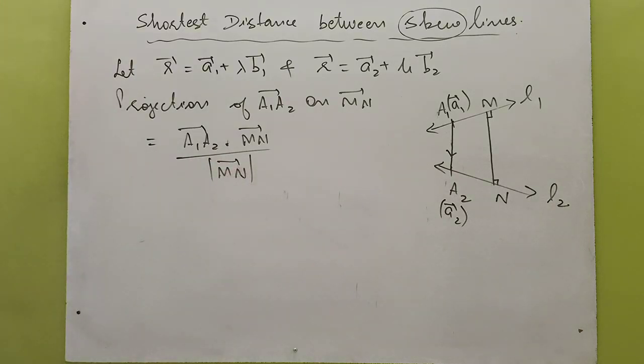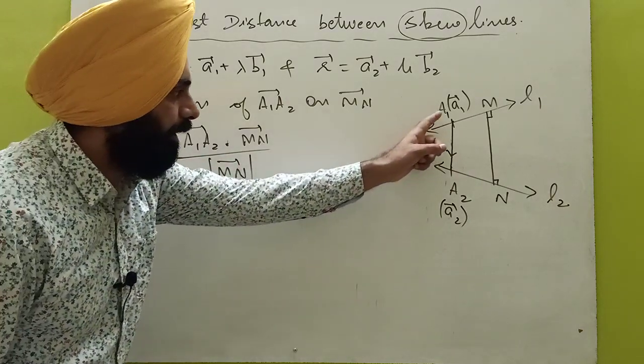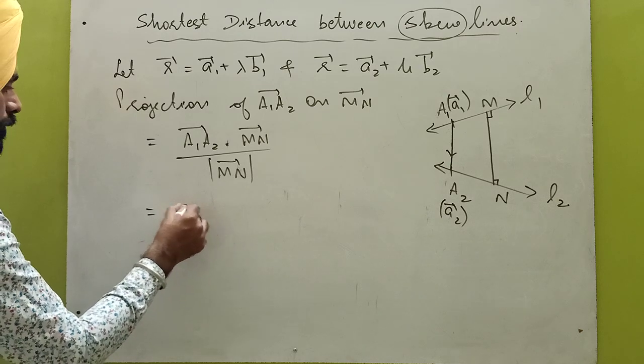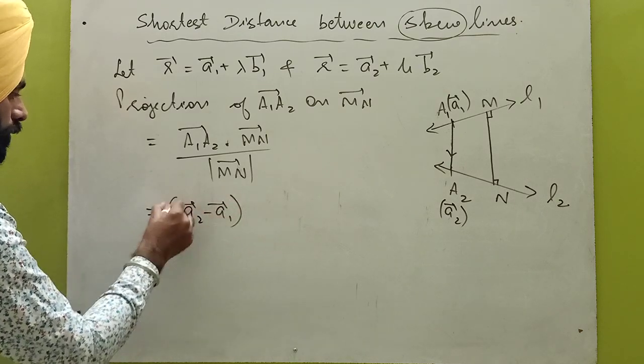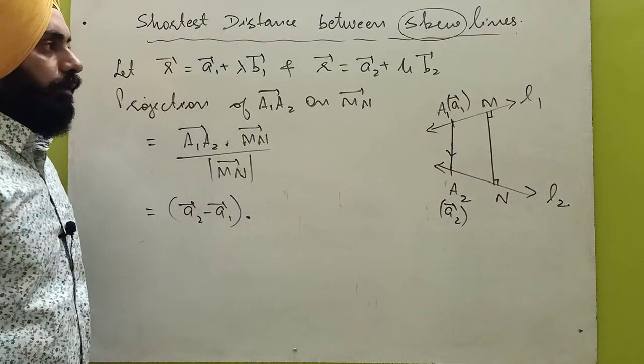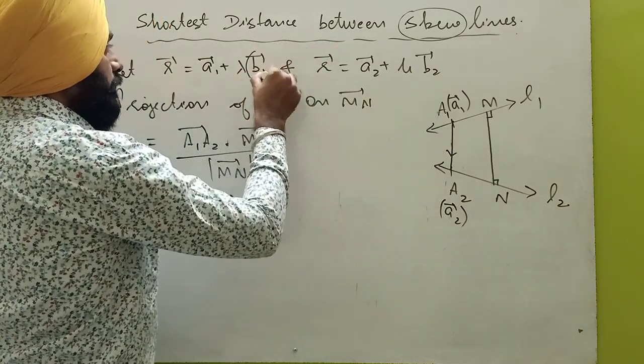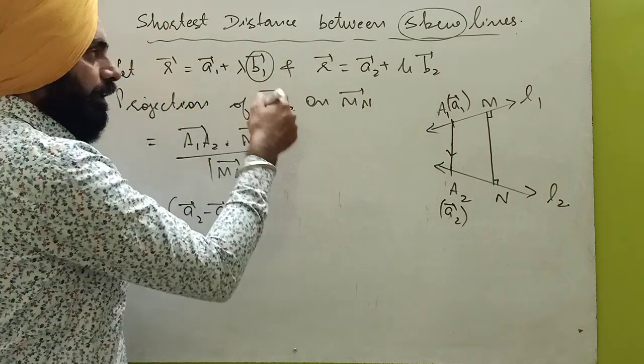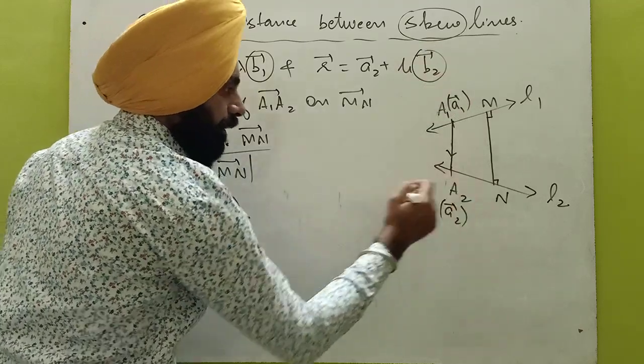This is the formula for the projection. Now what is a1a2? It is a2 minus a1, dot MN. Now there is a vector b1 which is parallel to the first line, and another vector b2 which is parallel to the second line.